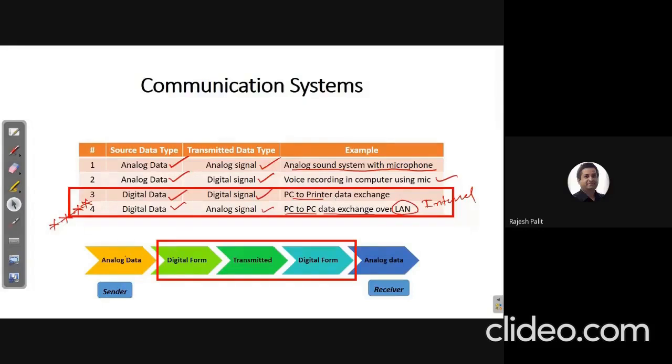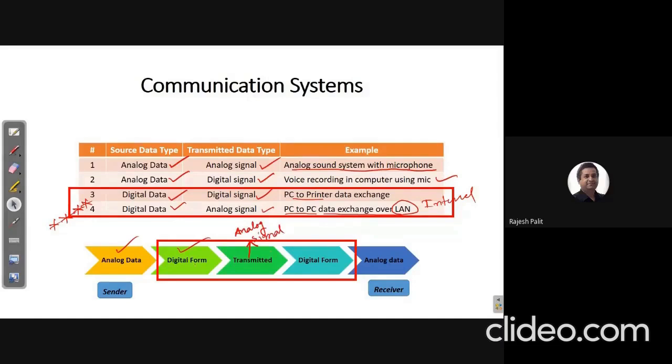Now, you see in a communication system, for example, when we speak, that is analog data. The analog data is converted into digital format, and that is transmitted using analog signal, say over a telephone network or computer network, whatever it is.